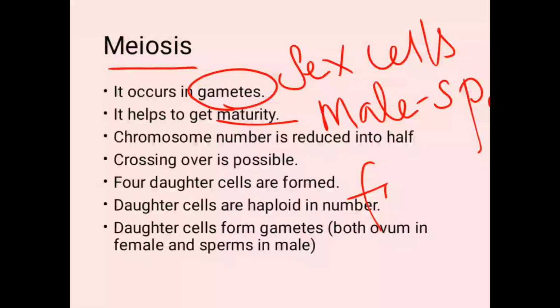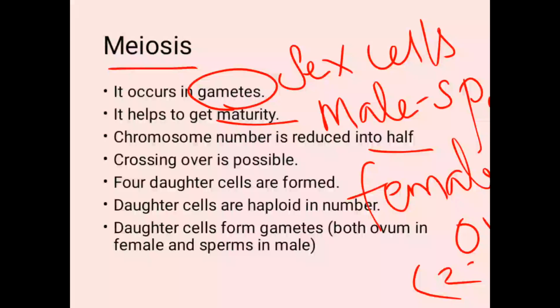In female, ovum. Here the chromosome number is reduced to half. The sperm has 23 and the ovum has 23 chromosomes, not 46. Here crossing over is possible. Because of that only we get variations in the child.